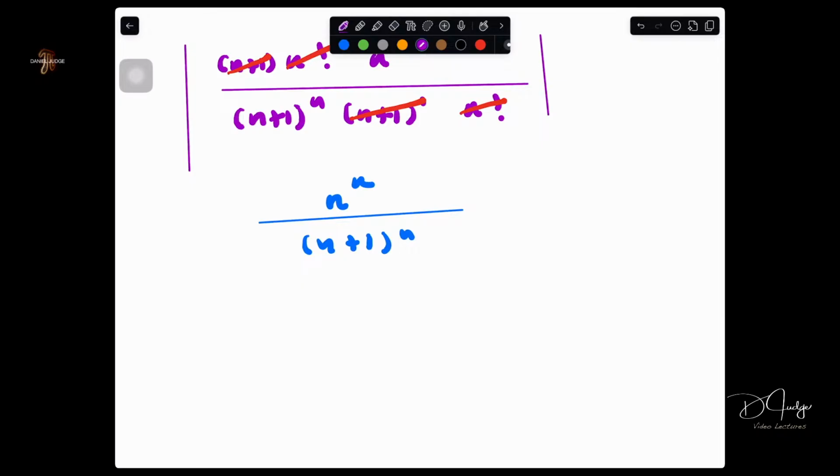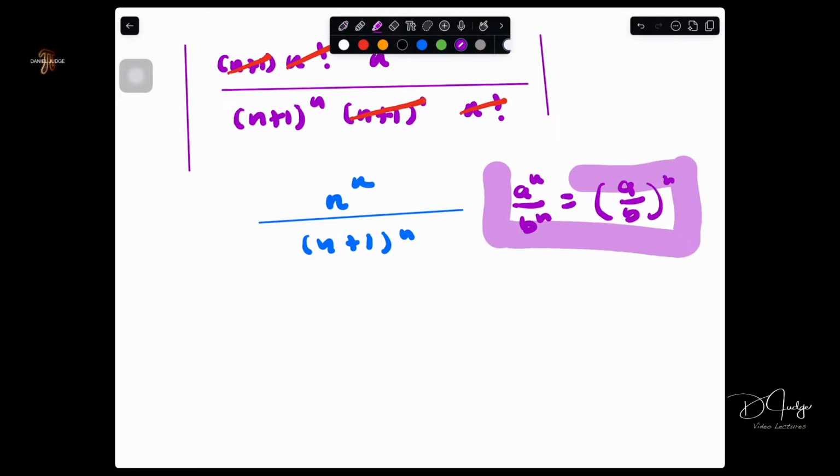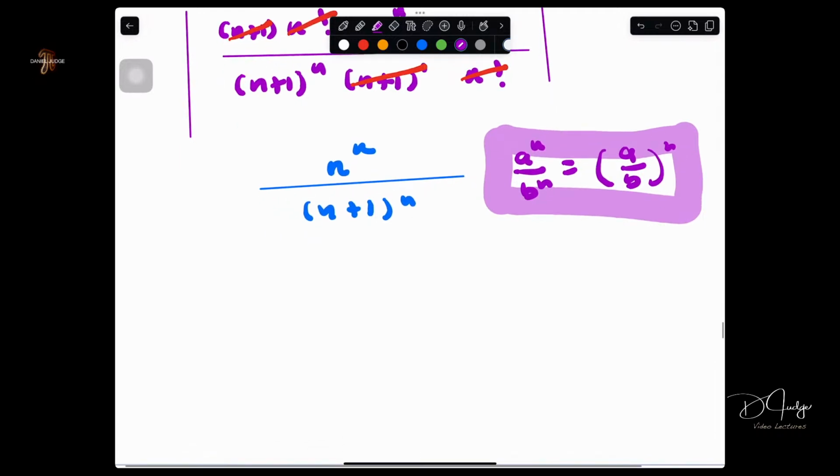Now, by properties of exponentials, that's a over b to the n. This is, again, some of the algebra that we use. So you have n over n plus 1, and that's going to be to the nth power. Let's write that nicer, I guess. So n to the n over n plus 1 to the nth power.